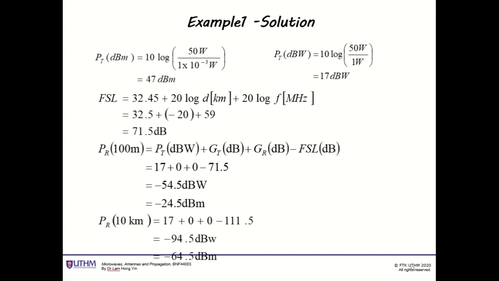So you just change the value of the distance here to 10 kilometers, and from there you can get the value of the power received. The power received at 10 kilometers is much lower than at the 100 meter distance. So it shows that the longer the distance between the transmitter and receiver towers, the higher the free space loss or the path loss.